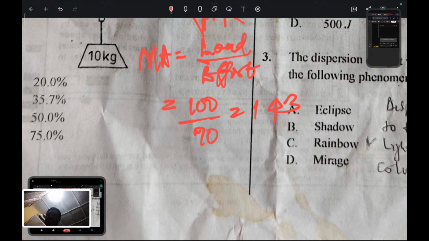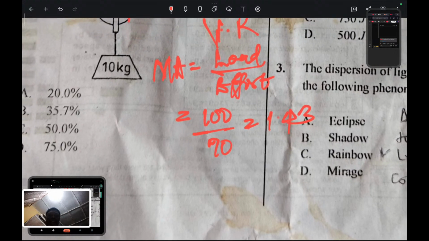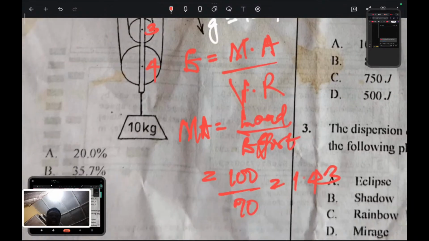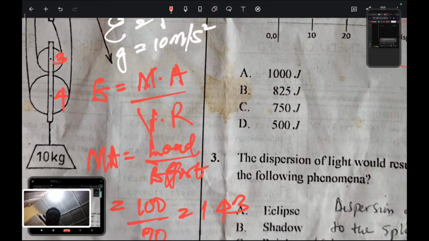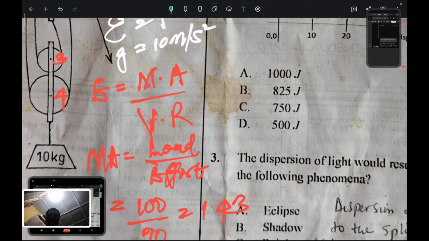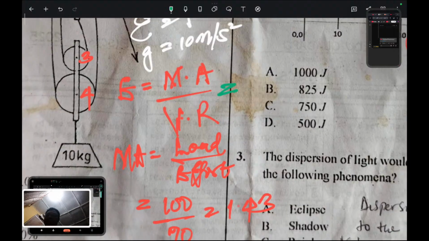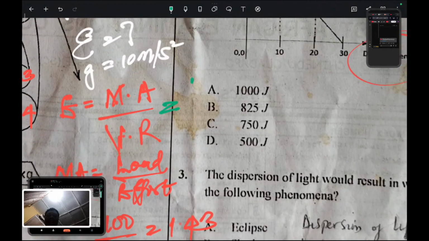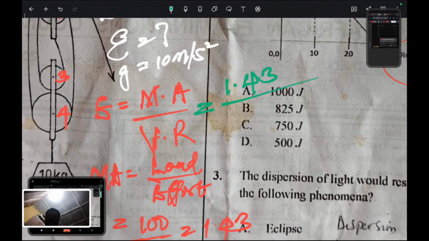So if that is the case, then with this we can confidently solve for efficiency. So the efficiency from here will now equal, what is our mechanical advantage? 1.43 divided by, what is our velocity ratio?